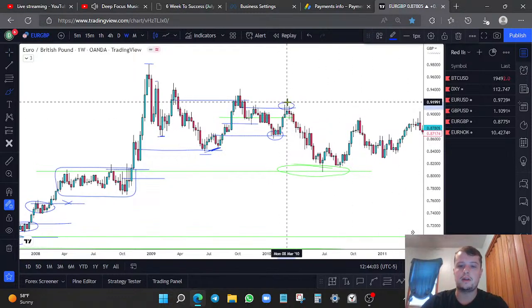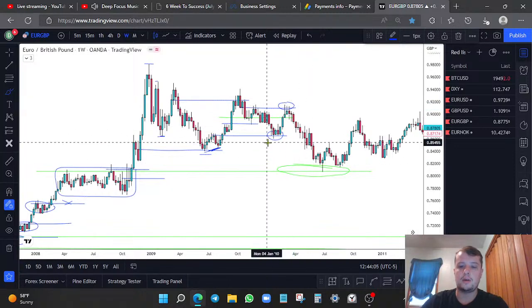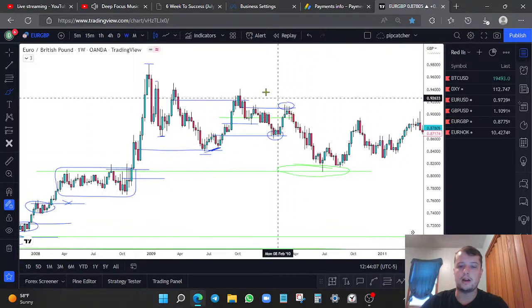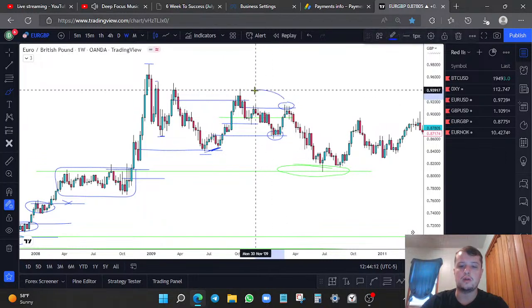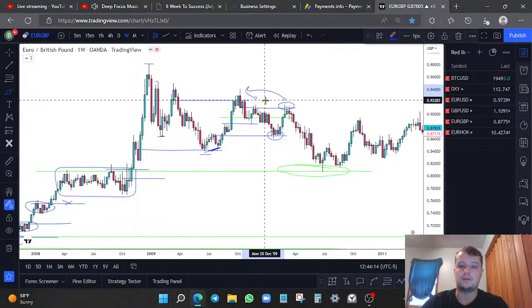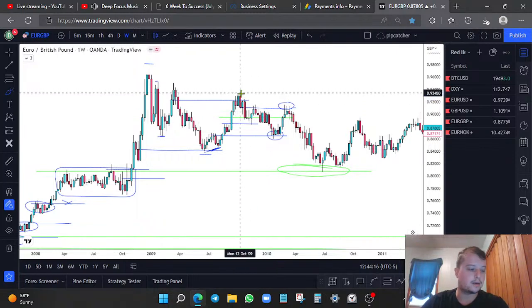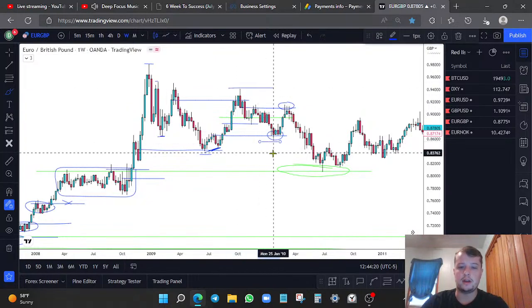Now look what happens. From this lower high, we break structure here. And I say lower high because this high is lower than this one. And what happens from this range in here?